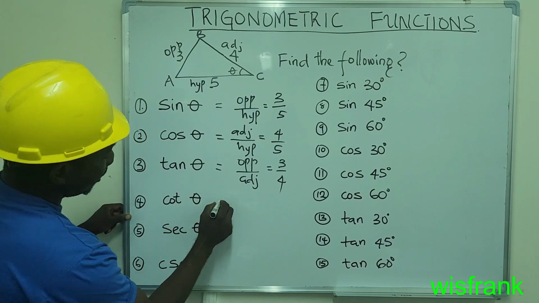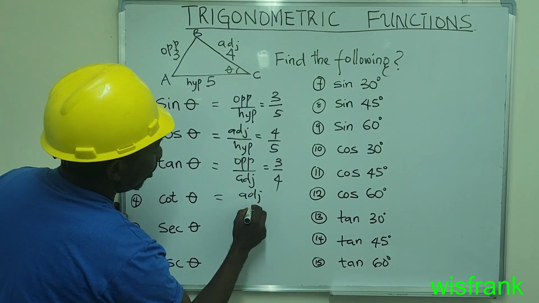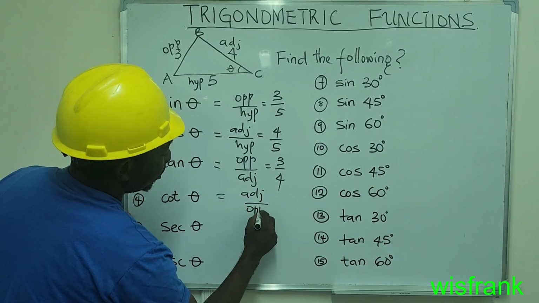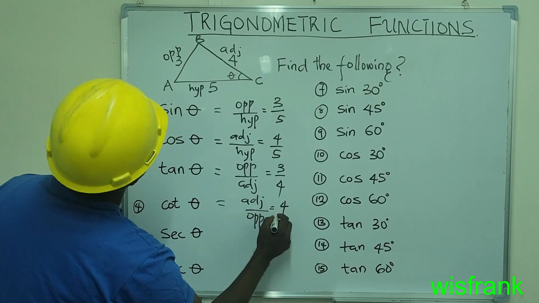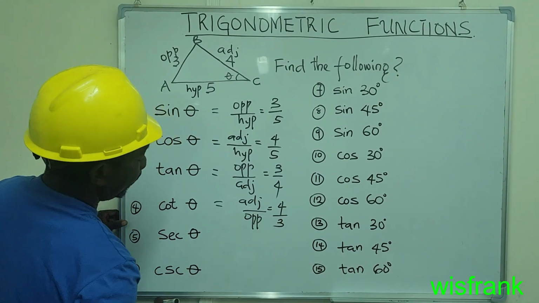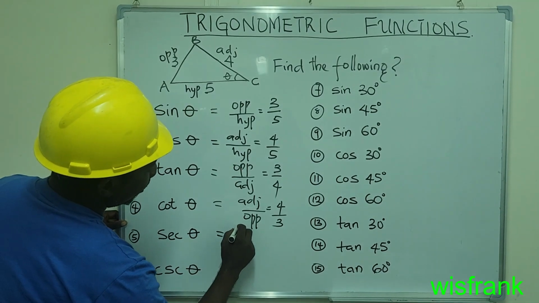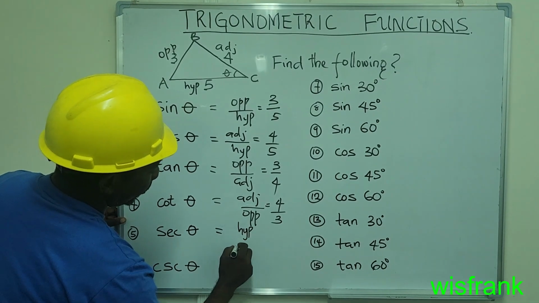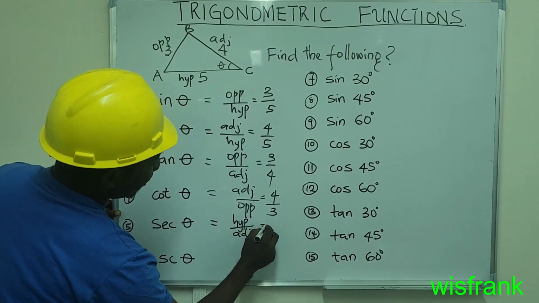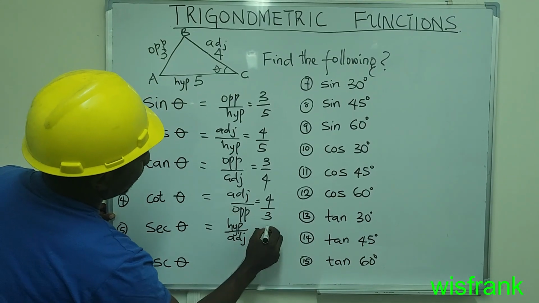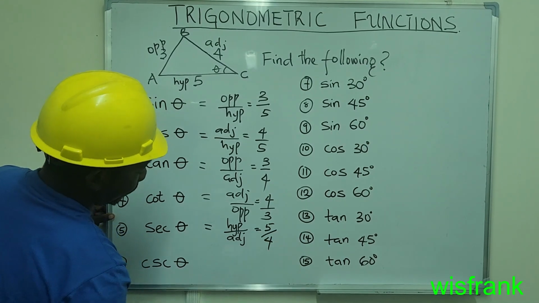Then cot theta here is equal to adjacent all over opposite, which is the same thing as 4 all over 3. So sec theta here is equal to hypotenuse all over adjacent, which is the same thing as 5 all over 4.